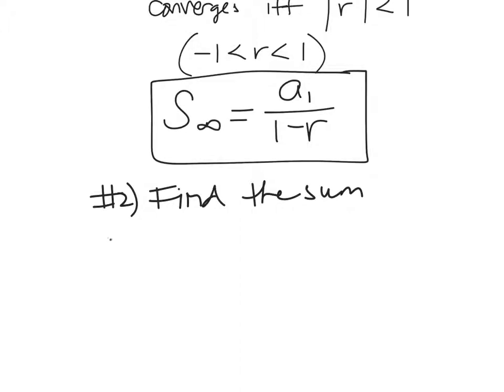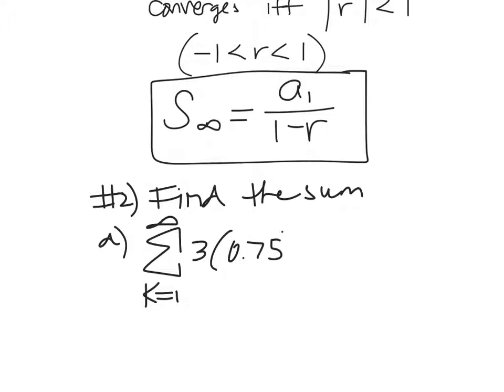Letter A. Let's take the sum from k equals 1 to infinity of 3 times 0.75 to the k minus 1. All right, so you need to look at a few things before you do it. You can plug these numbers into a formula, and you might get it wrong because you might not be able to, okay? So let's see if we're allowed to, if this sum actually works.